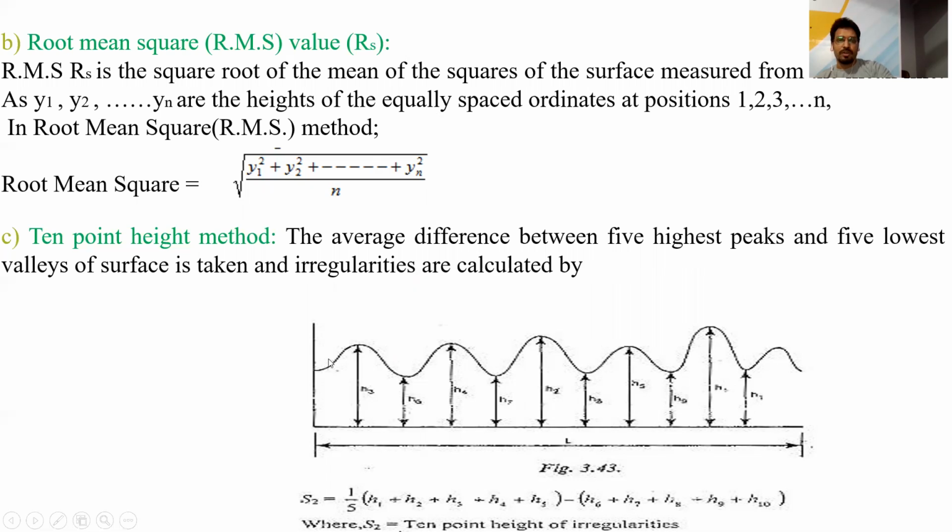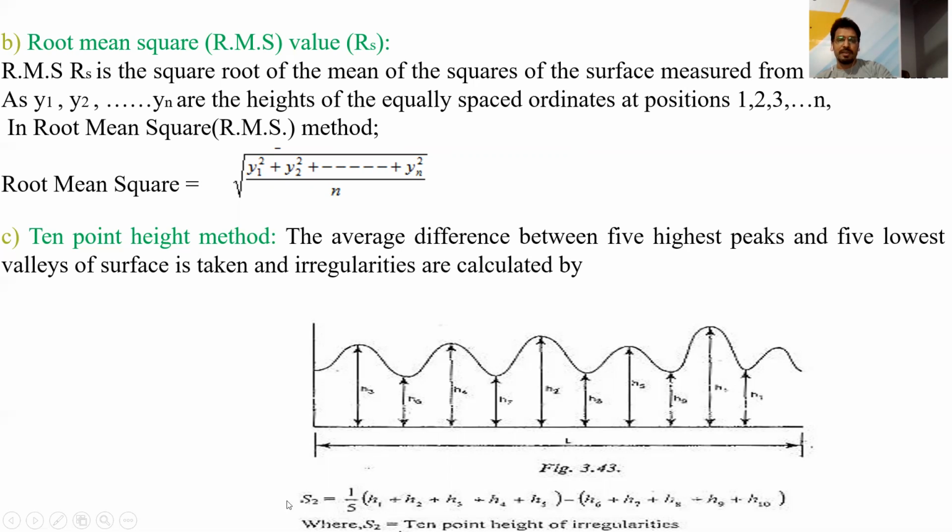So this is the graph which we get from the movement of the stylus. Now we take 5 highest peaks and 5 lowest valleys, and we do the summation in this way: 1 by 5 in bracket h1 plus h2 plus h3 plus h4 plus h5, these are the 5 highest peaks, minus h6 plus h7 plus h8 plus h9 plus h10, these are the lowest valleys.